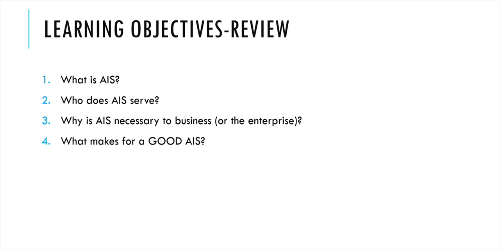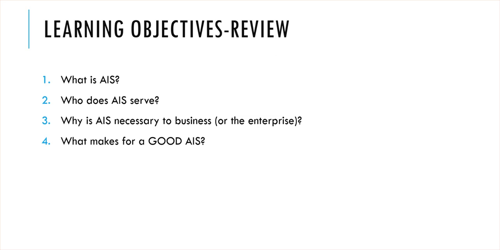And it is necessary to the business, or the broader perspective is the enterprise, because you look across it and you look at all that's going on in that particular enterprise, and you see how that AIS is permeating throughout it. And all the jobs that are being done couldn't be done without AIS.